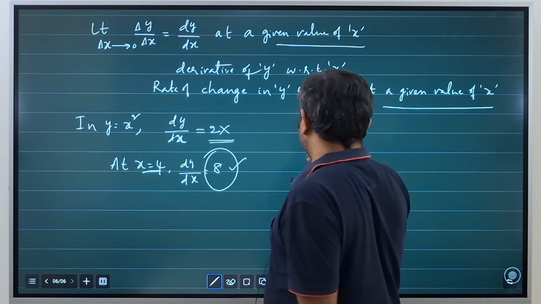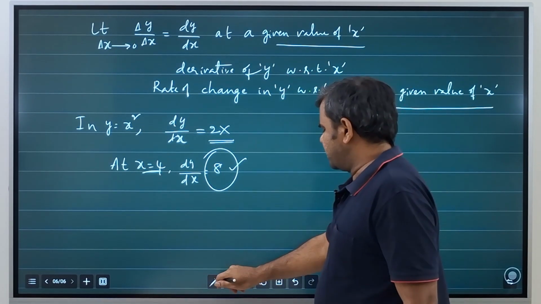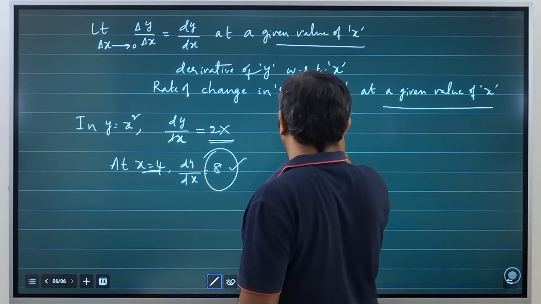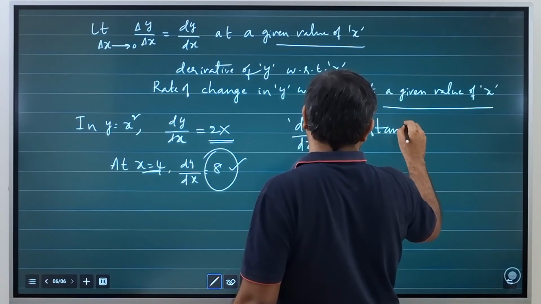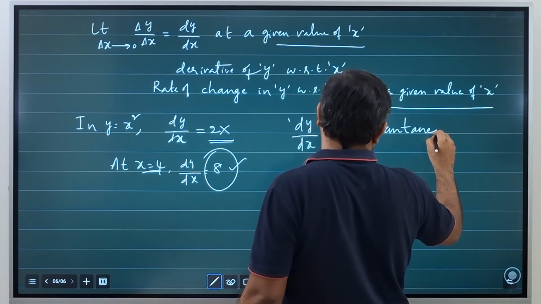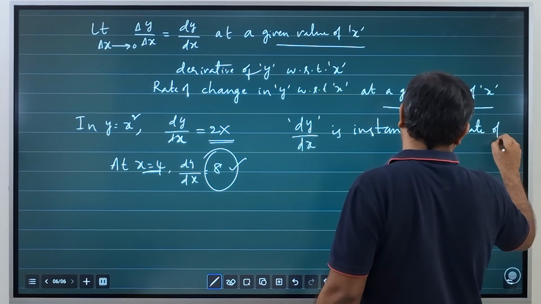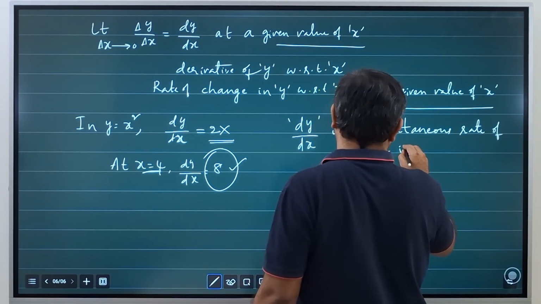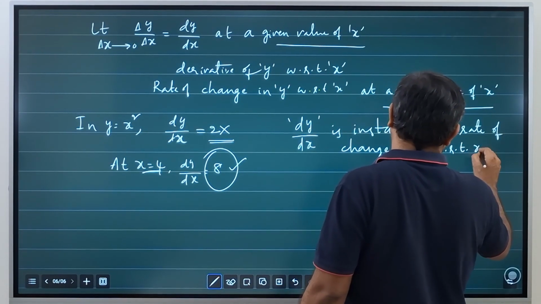In other words, this dy by dx is the instantaneous rate of change in y with respect to x.